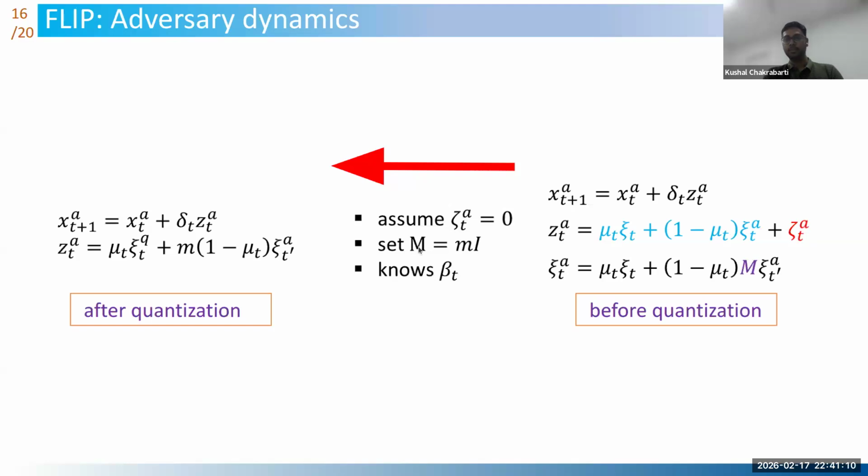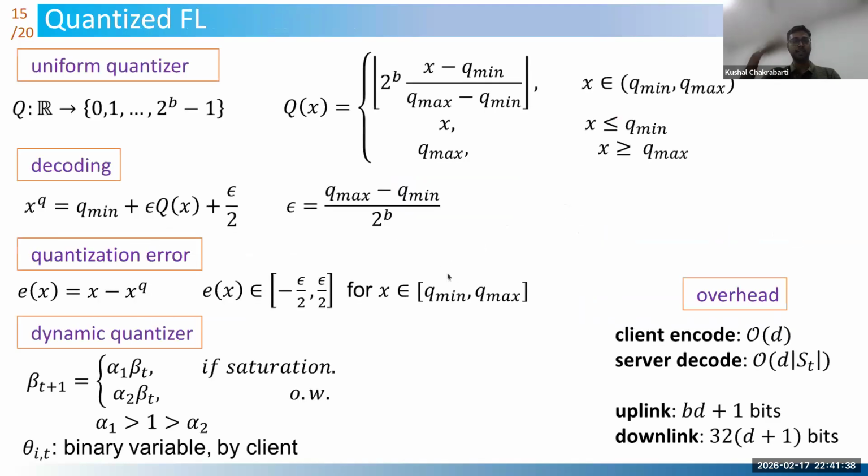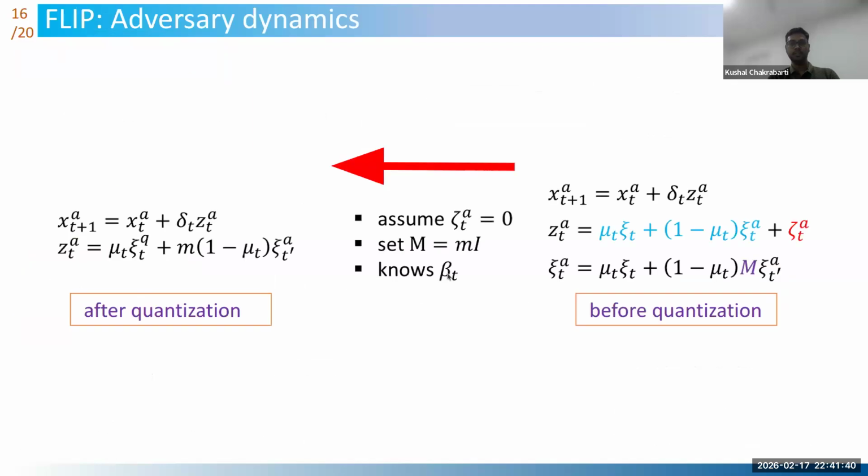This matrix M, which was used in updating the estimate of zeta t when the client is not able to eavesdrop at the current time t, we also said is very simple, just a diagonal matrix with positive value m. And we assume that the adversary is strong in the sense that it knows the communicated beta t variable also, because that is also being shared in the channel.